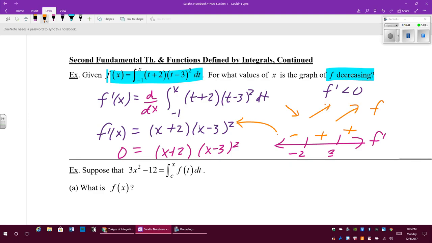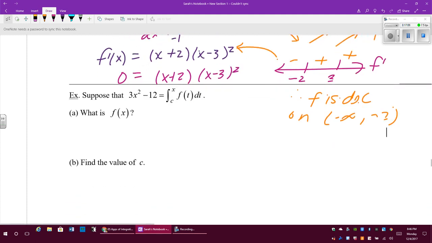So now I'm ready to answer my question. F is decreasing on -infinity to -2. It didn't say justify the answer, but I could justify my answer by saying that f prime is negative. Okay? I'm going to walk you through at least 2 more, and then you guys are going to try one.